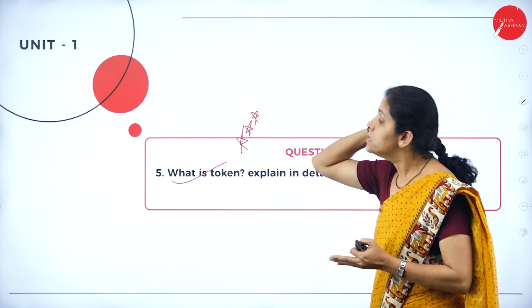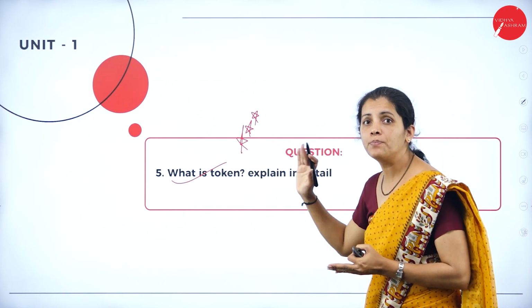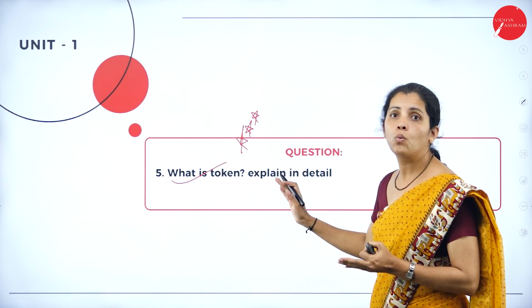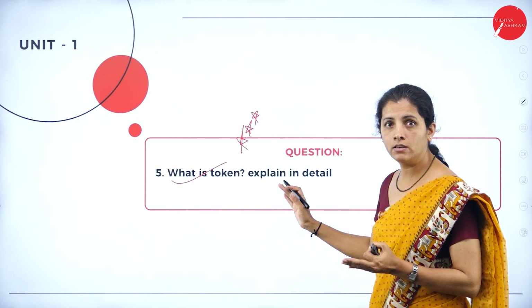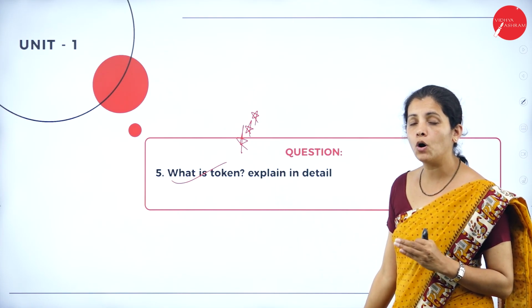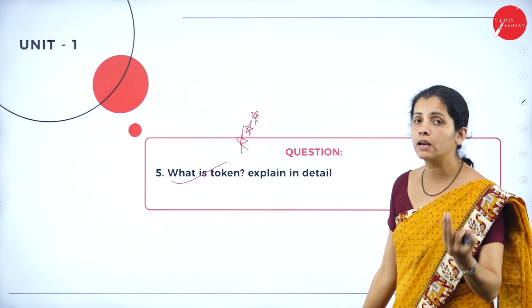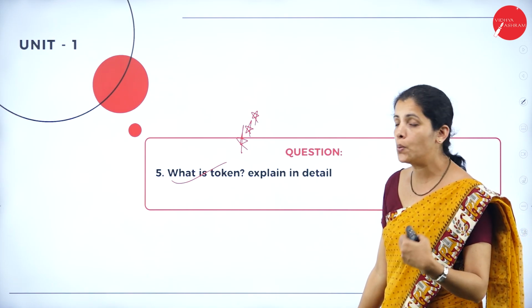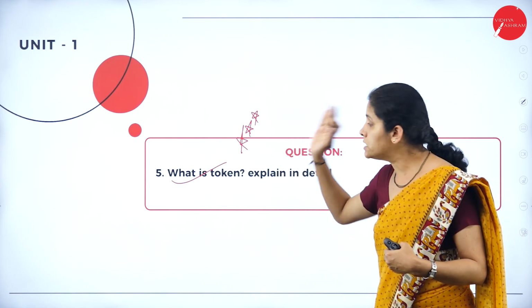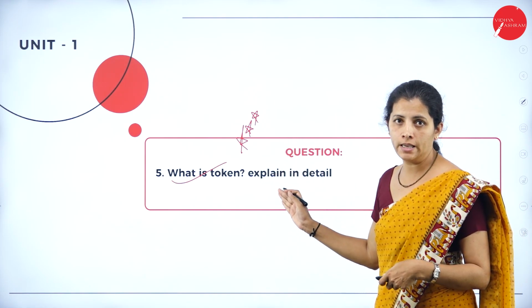Okay, so study this question properly. Either you can get what is an identifier, write the rule to define the identifier, or what is variable, write the rule to define the variable. So, dear student, study this question properly.